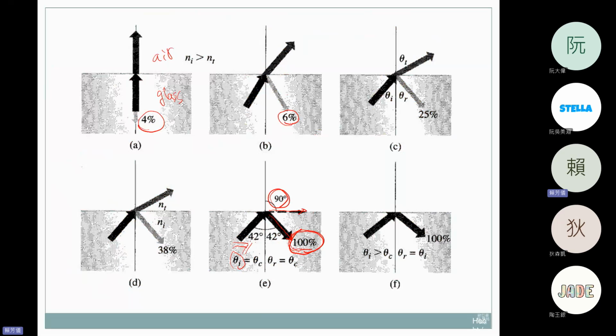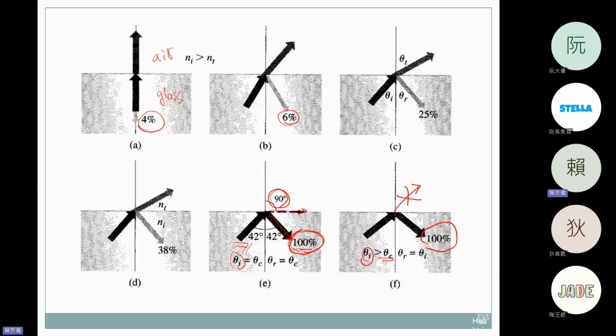So that means when the light is incident at the critical angle, we can get 100% of the power in the reflected light. Also, when the incident angle is larger than the critical angle, all of the light will be reflected and there is no transmission light.